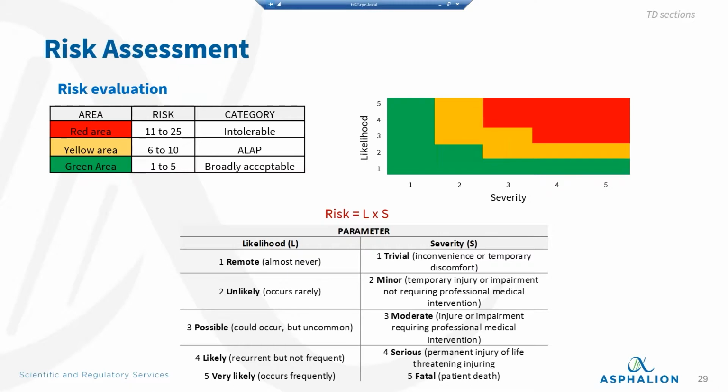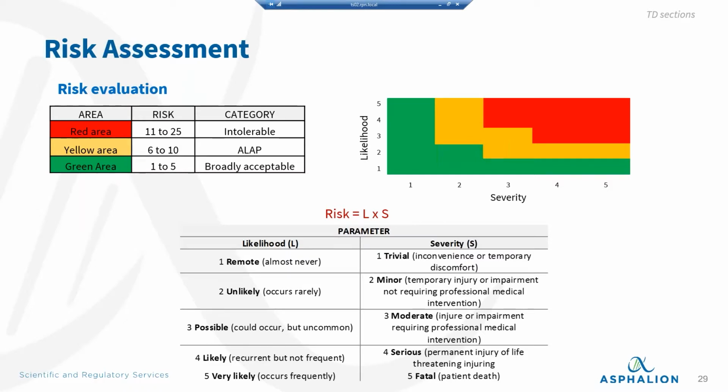So for instance, if we have a risk that is unlikely, let's give it a score 2. But the severity is, let's say, moderate, a 3. We've got a 6. We should try to reduce this risk because it can happen quite often, and it can have bad consequences. So we have to try to reduce it as much as possible.